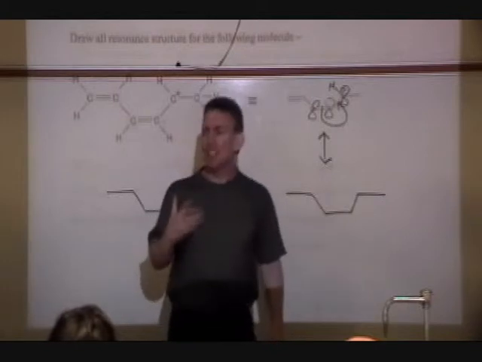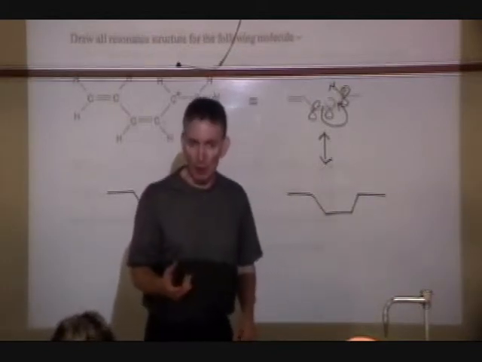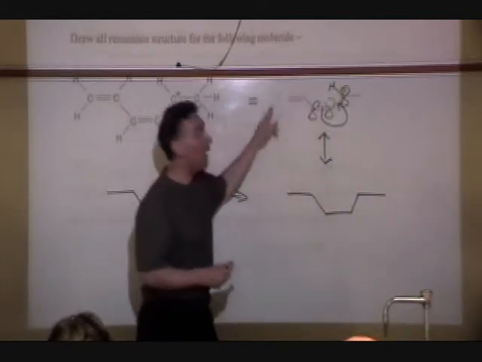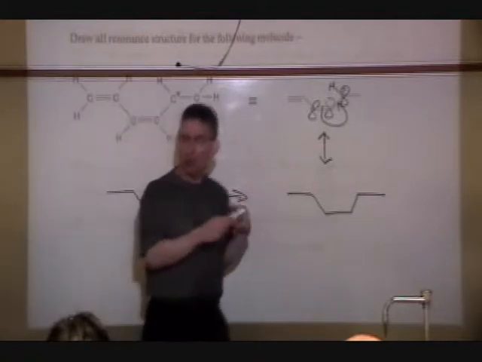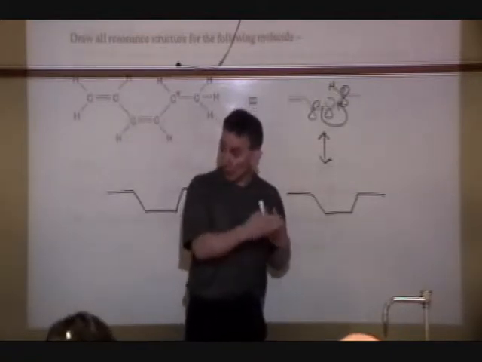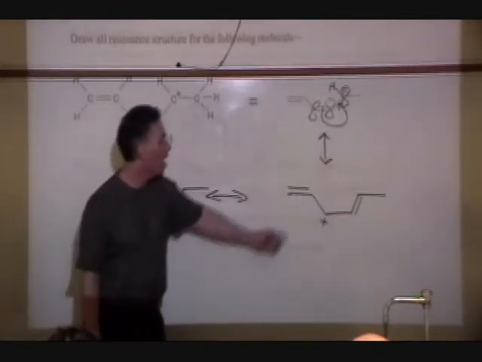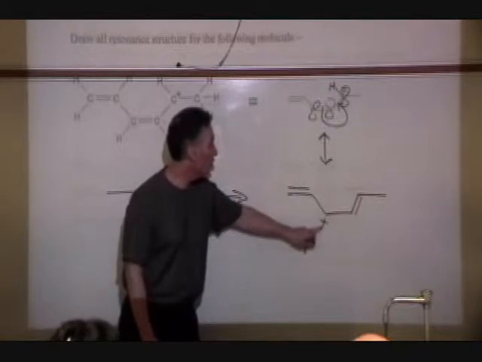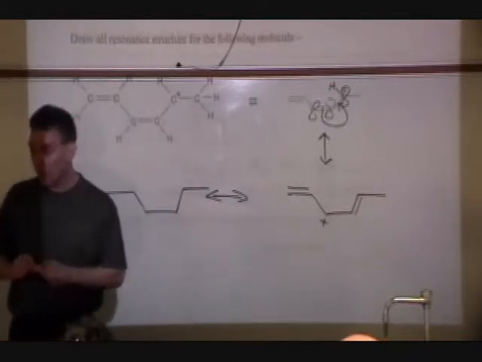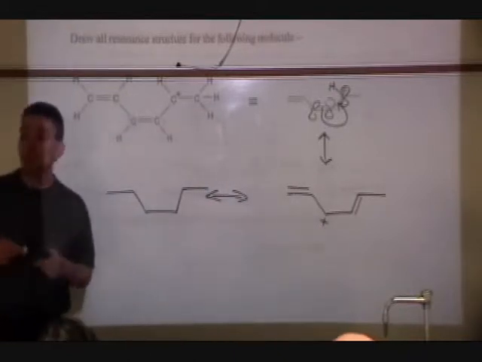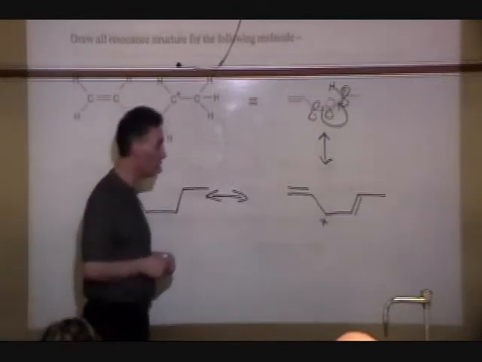So there are no fantastic jumps of electrons. The electrons don't jump halfway across the molecule. They only jump to neighbours that they're already connected to. So a double bond moves across there, and it jumps the charge across as well, because now that third atom from the left is missing electrons to complete its octet.